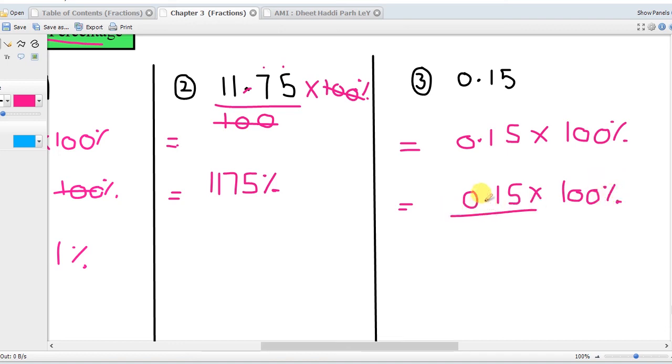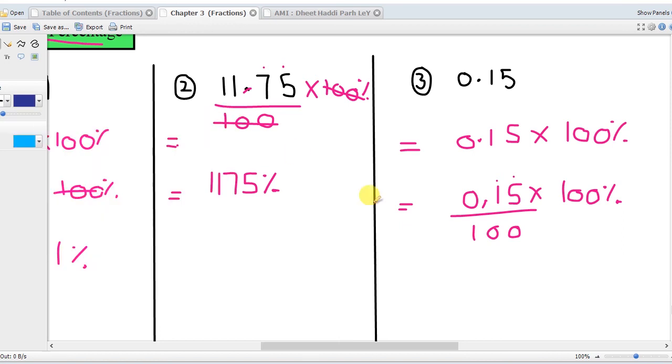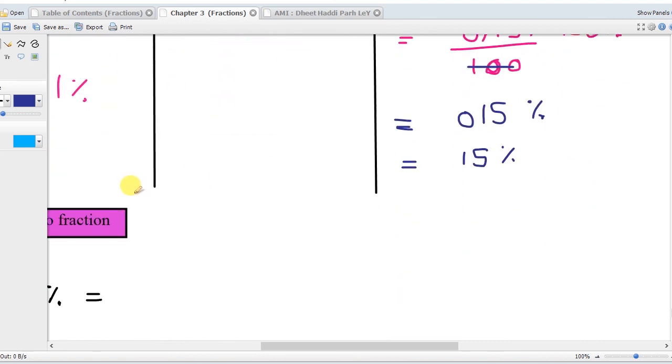In order to remove this decimal point, I'm going to write 1 here, and since there are 2 digits after the decimal point, write 2 zeros. Now this 100 will be cancelled out with this 100, so the new number we are left with is 0.15%, or simply 15%. Right? I hope you have got the concept.